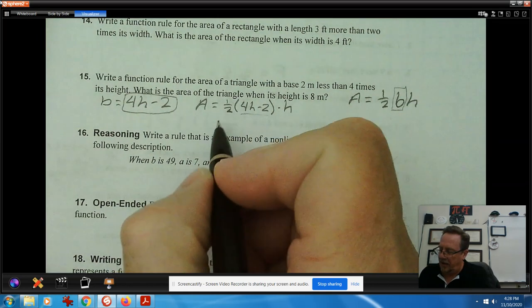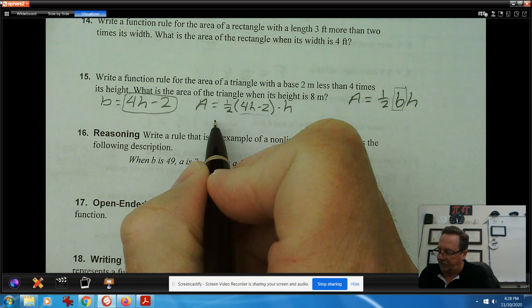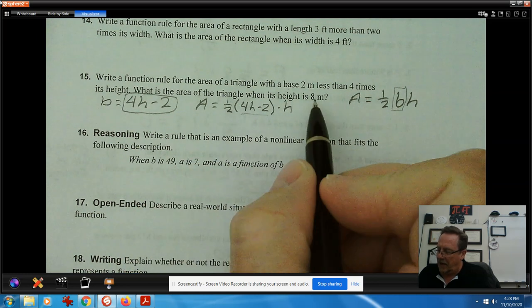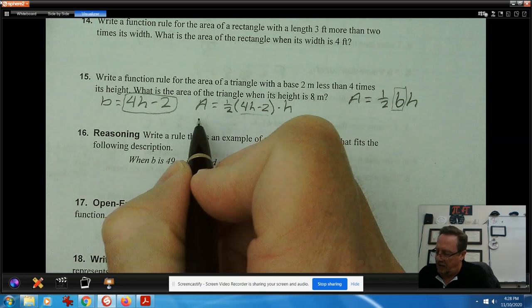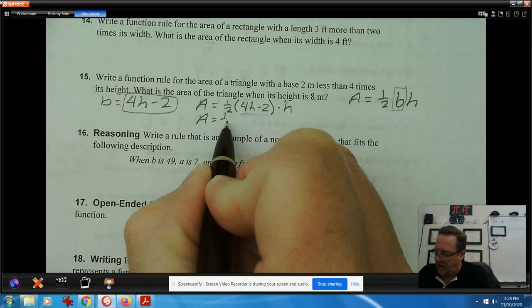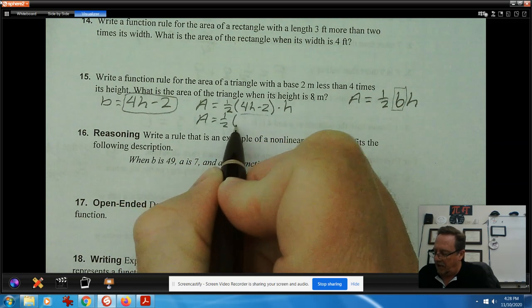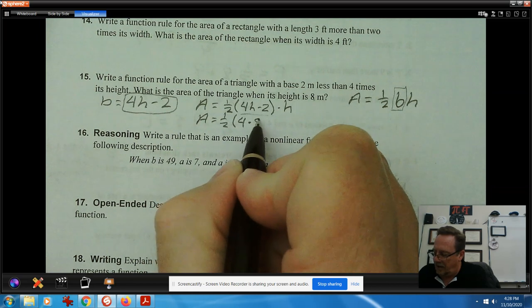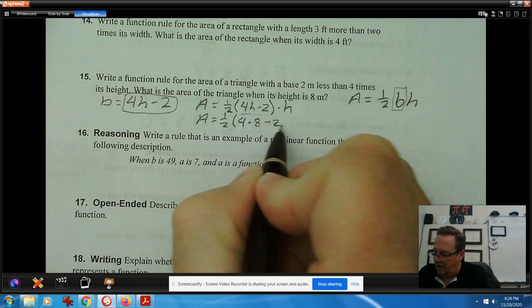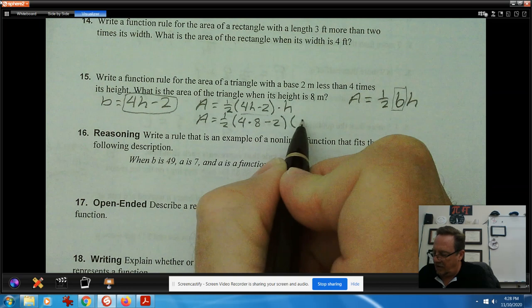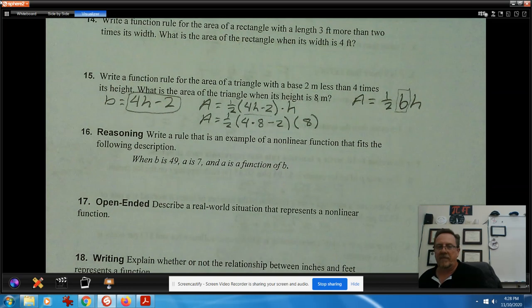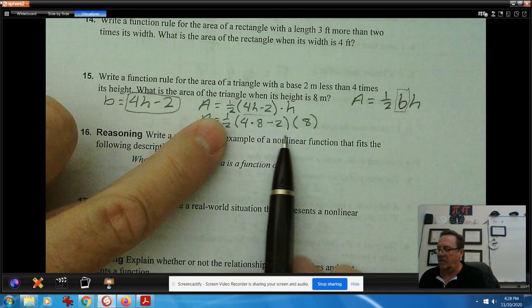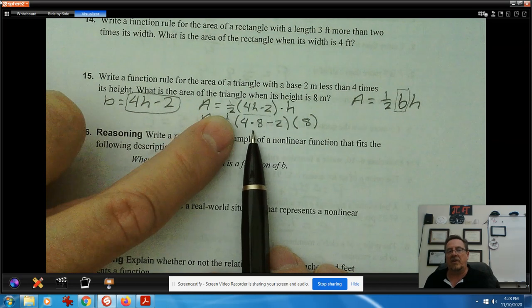So I can plug all that in. I can say, all right, let's do this. I'm going to put 8 in wherever there's an h. So I'm going to say A is equal to 1/2 of 4 times 8, right, minus 2, times 8. Now, remember, order of operations says you have to do what's in parentheses first, but once you're inside there, you still have to follow order of operations.